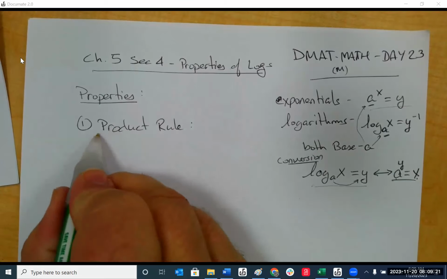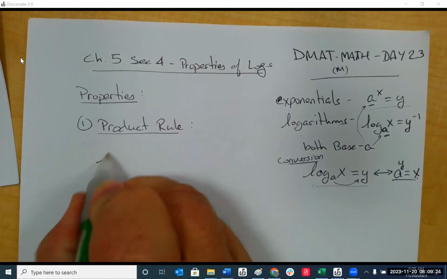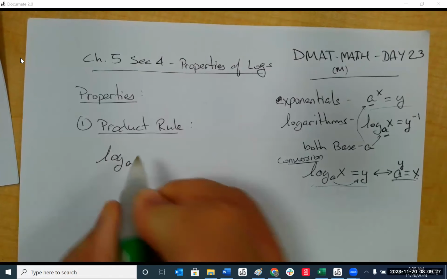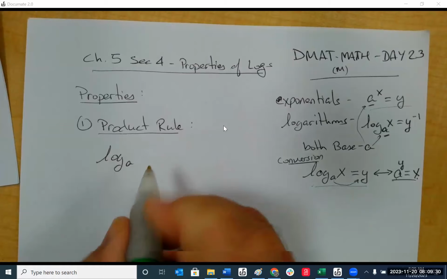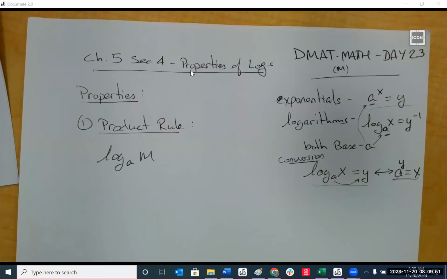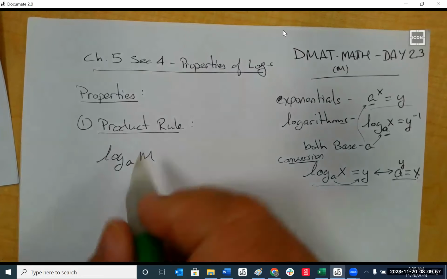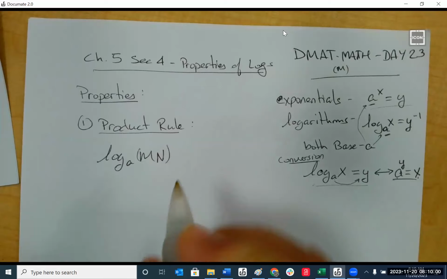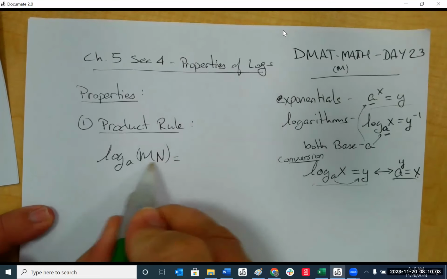All right, the first property, the product rule. We have log base A of m times n, where m and n are expressions.